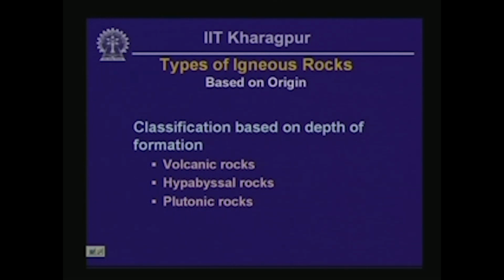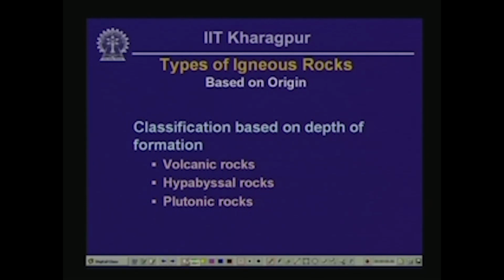If lava comes to the surface, then we get volcanic rock. So, this is when ejection of lava takes place.